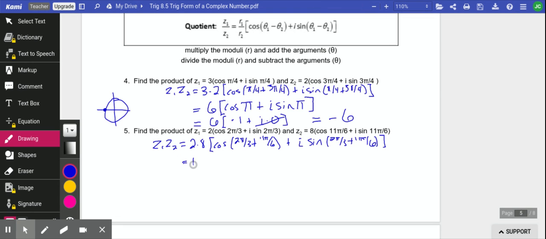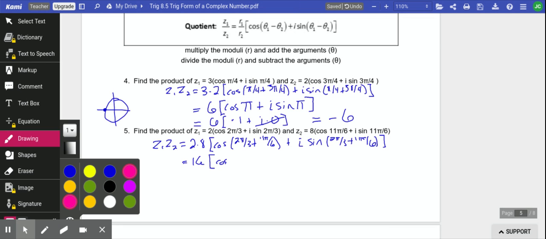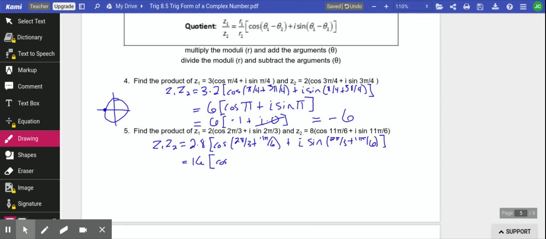So we get 16. Let's see, probably want some common denominators, so I'm going to multiply top and bottom by 2. So that's going to give me 15 pi over 6. Does that sound right? I think so. So 15 pi over 6 plus I sine 15 pi over 6.